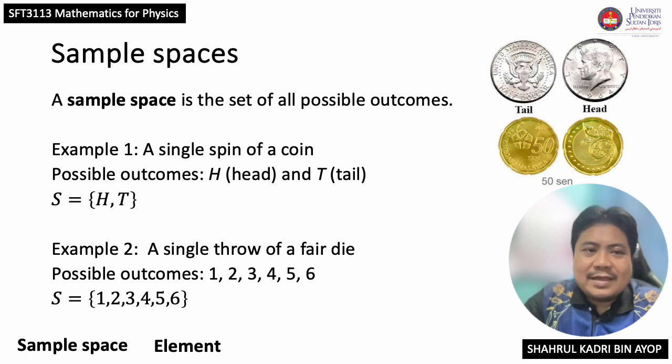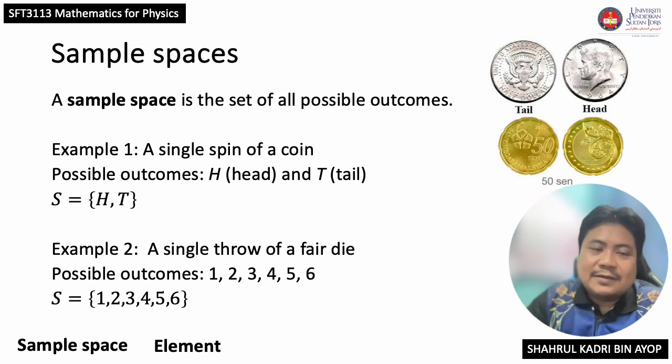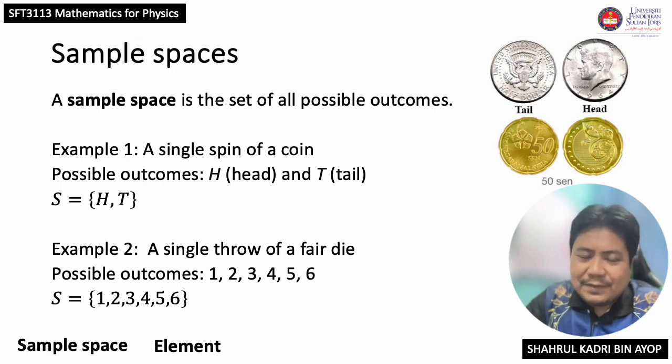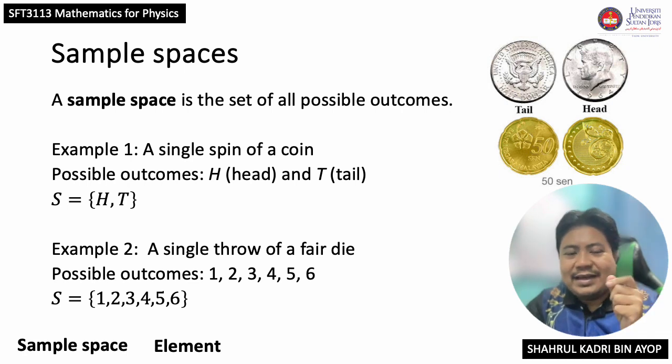So let's start with the sample space. What is a sample space? A sample space is the set of all possible outcomes. For example, if you have a single spin of a coin, so you have a coin and you throw it, what would be the outcome?